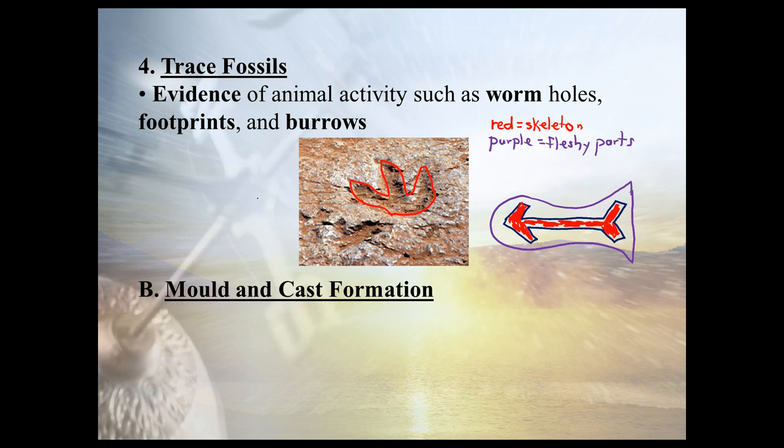So what's going to happen is when this fish dies, the first thing that's going to go is going to be that fleshy parts. Scavengers, decomposers would take care of that fleshy part. So let's get rid of it. I'm just going to erase the purple part here. Okay, so it's gone. So all I'm left with now is the actual bone.